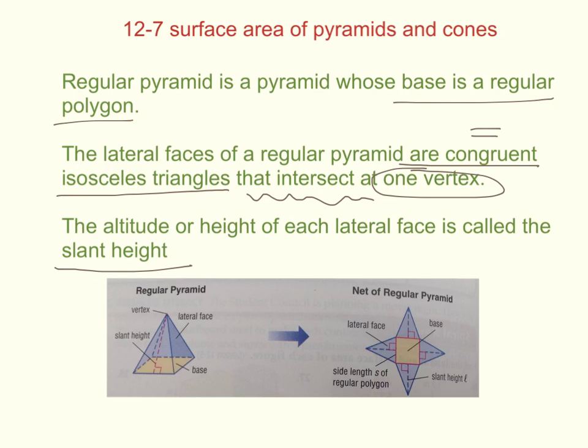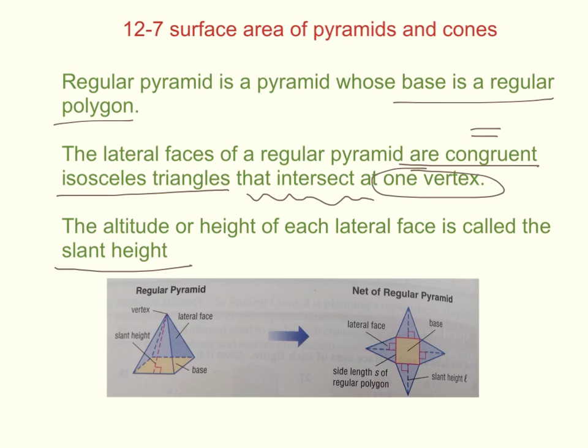If you see the picture here at the bottom, we have a regular pyramid. You have the base, which looks like a square here. You have the lateral faces all around the outside, which are isosceles triangles. Two sides are the same and one side is different. And then the slant height is the height from the vertex down to the base on one of the lateral faces.